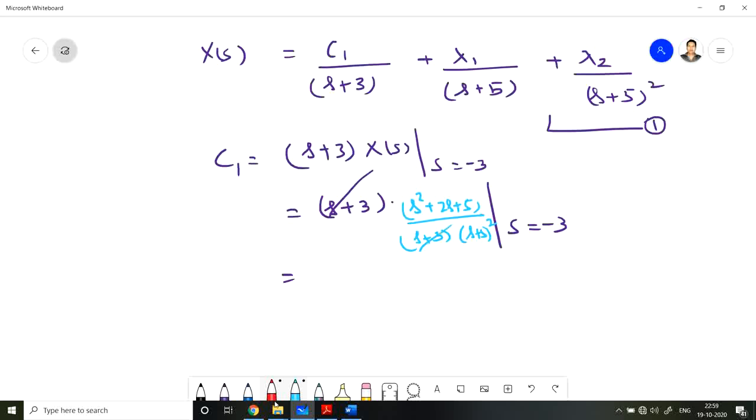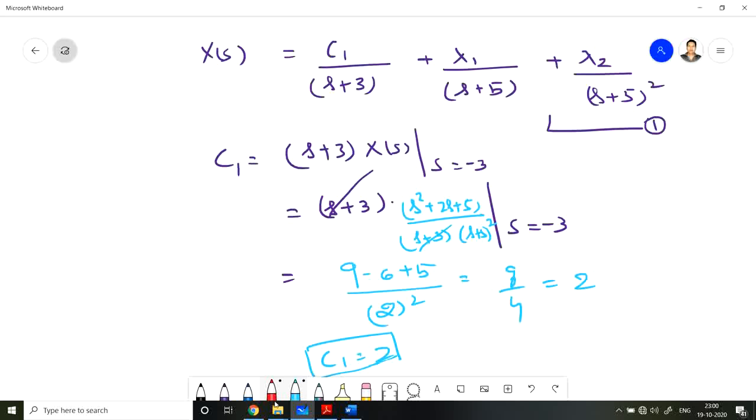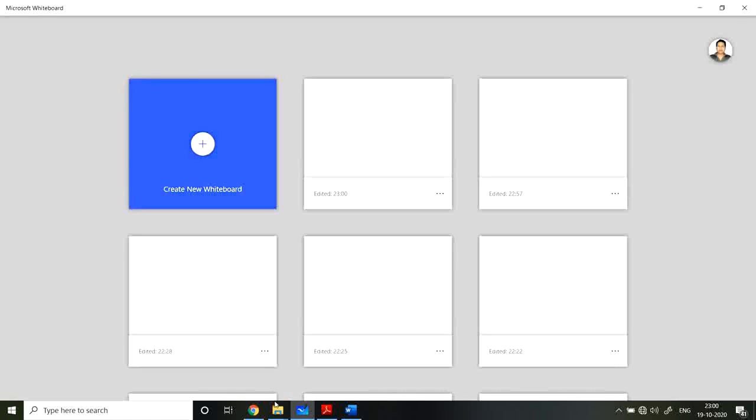When we put s equals minus 3, then it is 9 minus 6 plus 5 divided by (minus 3 plus 5) square, so it is 8 divided by 4, that is equals to 2. So C1 is equals to 2.